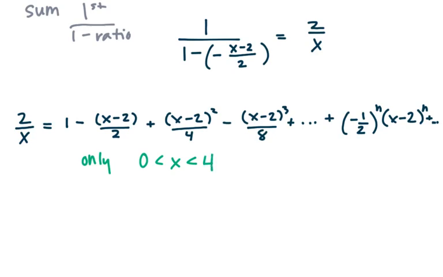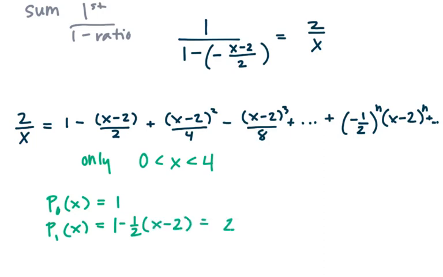So some polynomials that could approximate this: p sub 0 of x would be 1. P sub 1 of x would be my first two terms, which is 1 minus 1/2 (x minus 2), which of course simplifies to 2 minus x over 2.